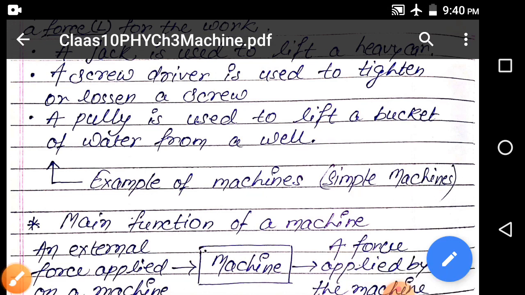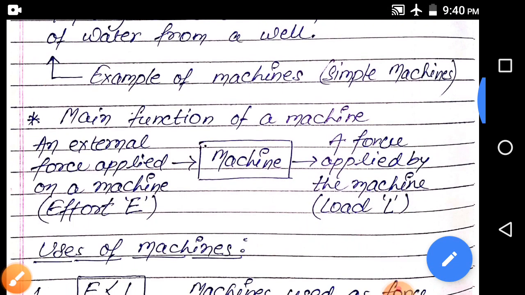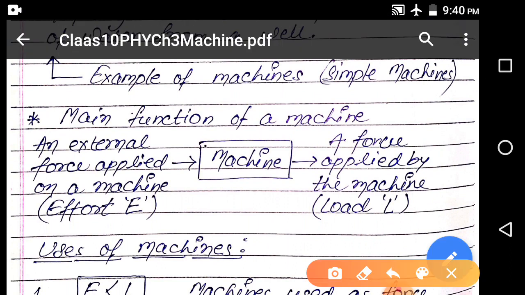Now come to the main function of machine. What is the main function of a machine? The main function of a machine is that when a force is applied on a machine, then the machine exerts a force on the subject to do some work.